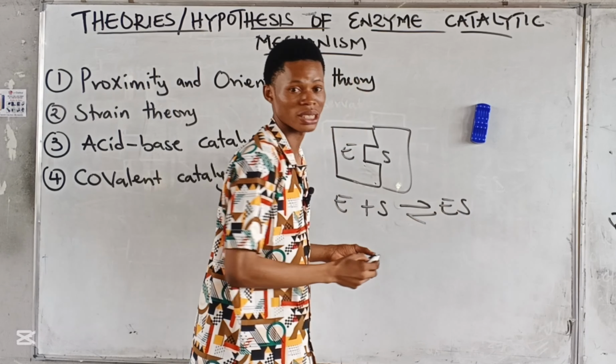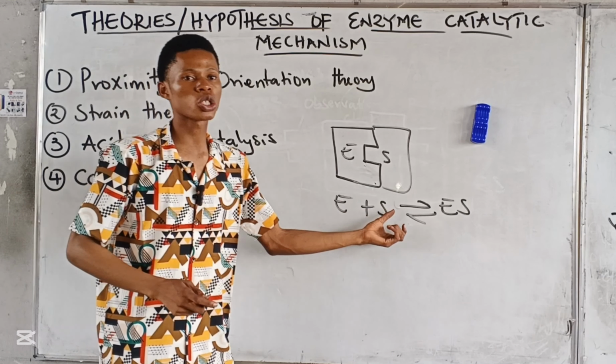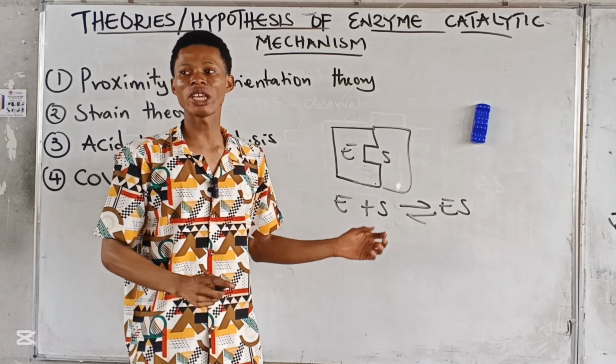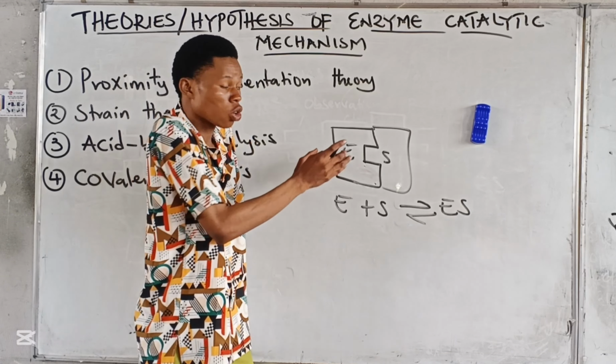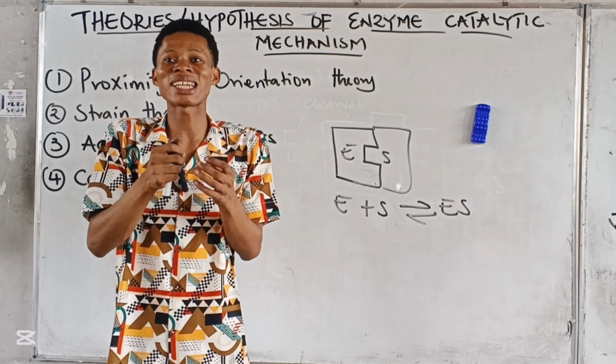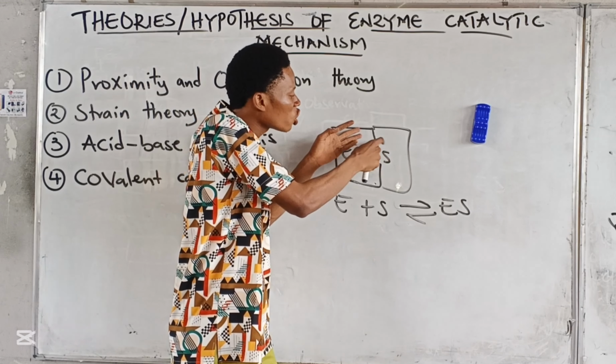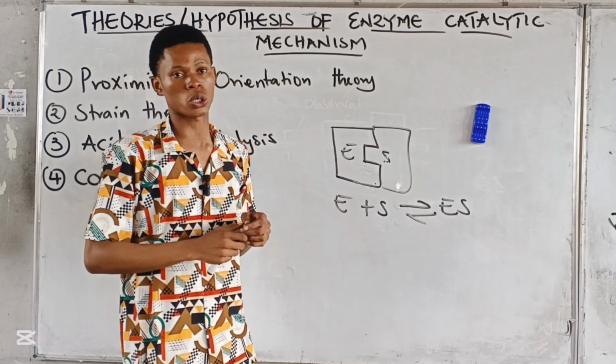Enzyme substrate complex, right? Good. Now the strain theory proposes that as the substrate binds to the enzyme to form the enzyme substrate complex, as they come together, there is a form of agitation, a form of internal stress or internal strain that will change this substrate into products.